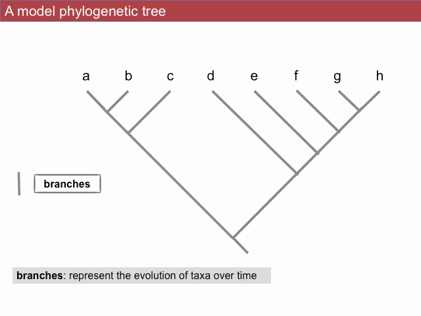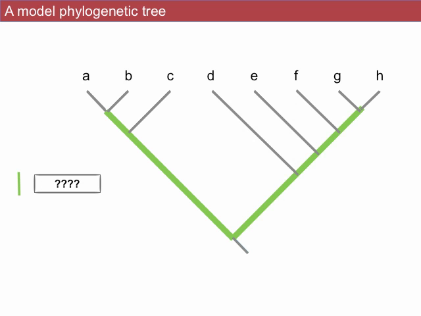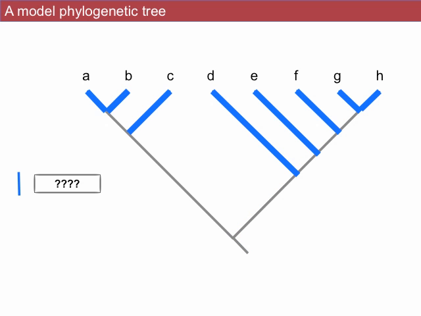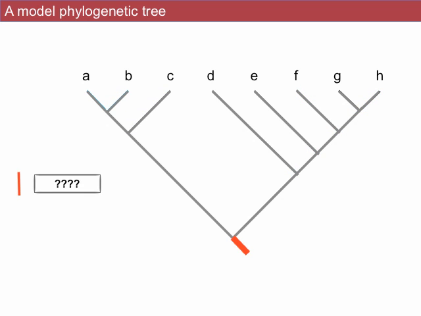So branches represent the evolution of taxa over time. It's very important that you realize that this is really sort of a clock-like behavior, the clicking of time occurring. We are not trying to represent with this particular tree any type of change in the features of an organism. We will come to that in the next lecture.